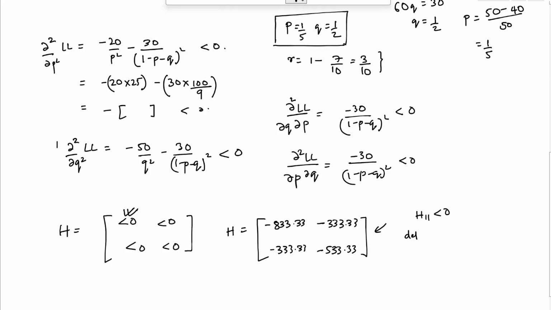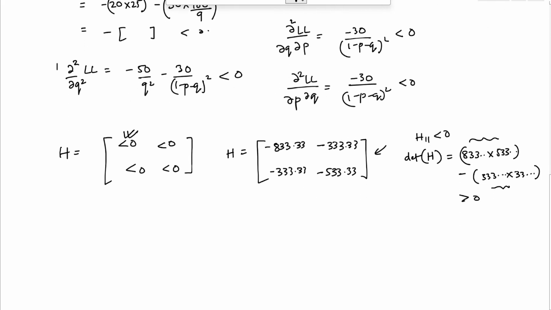And the determinant of H is equal to 833 point something multiplied by 533 point something minus 333 point something multiplied by 333 point something. Right? So essentially both these numbers are bigger than these two numbers, and so this will be positive. Right? So we have that.